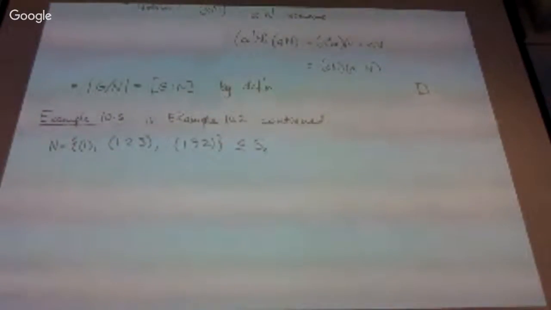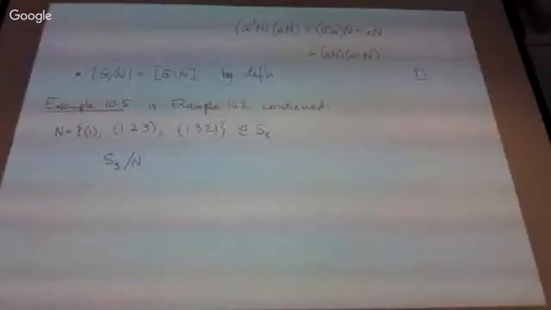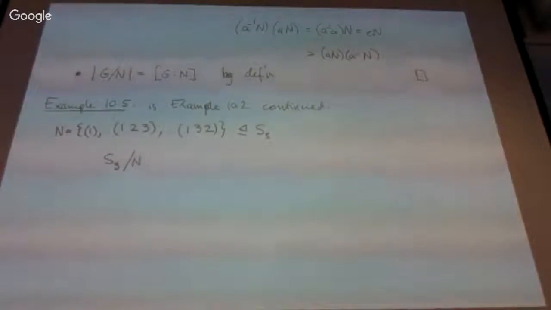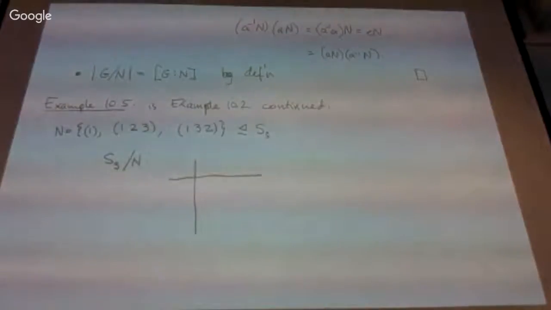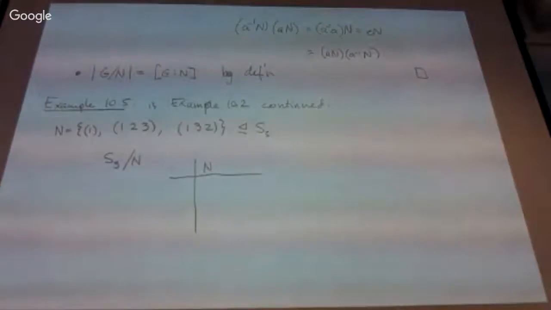Now, if you want to know what S3 by N is, one way of doing it is to look at the Cayley table. The book does. So N is the identity, and then there's the second element, which is a coset of a transposition.